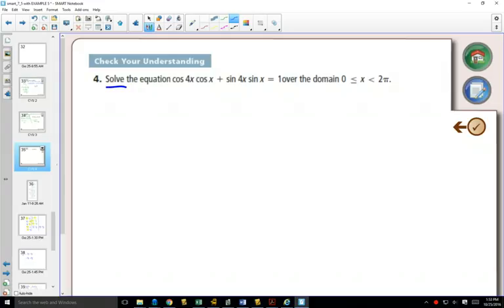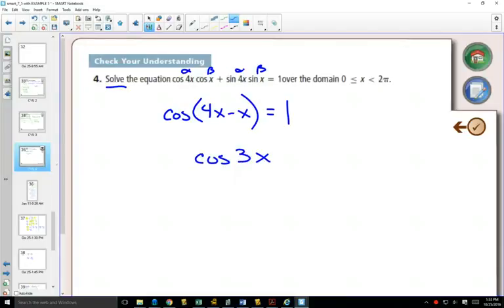You've got the cos alpha minus beta formula, because this is our alpha, this is our beta. So we can rewrite the left side as cos 4x minus x, which would make it cos 3x equals 1.